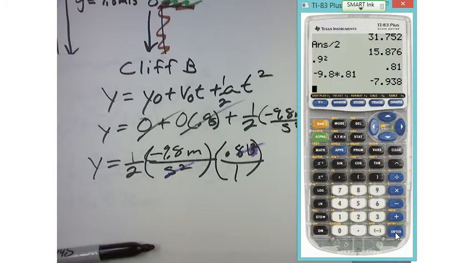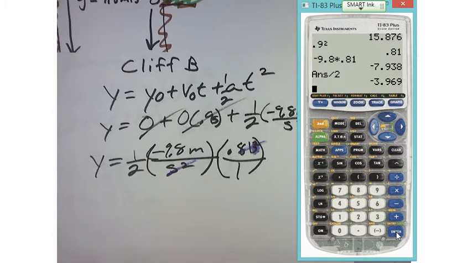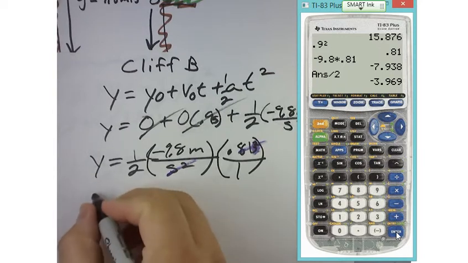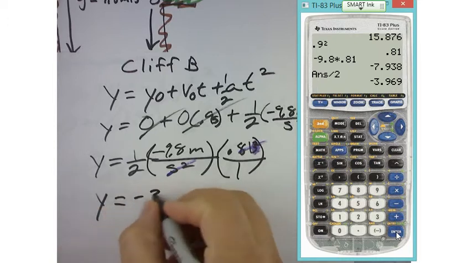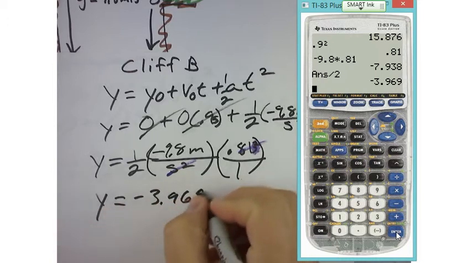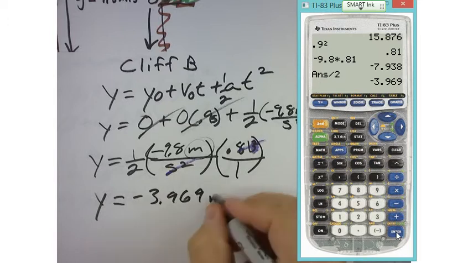Well, that's what would be in the numerator, but then I have to divide by 2, right? Because I have this 2 here. All right, so let's divide by 2. And I get, oh wow, that's significantly smaller, isn't it? It is negative 3.969, and we have meters left, right?